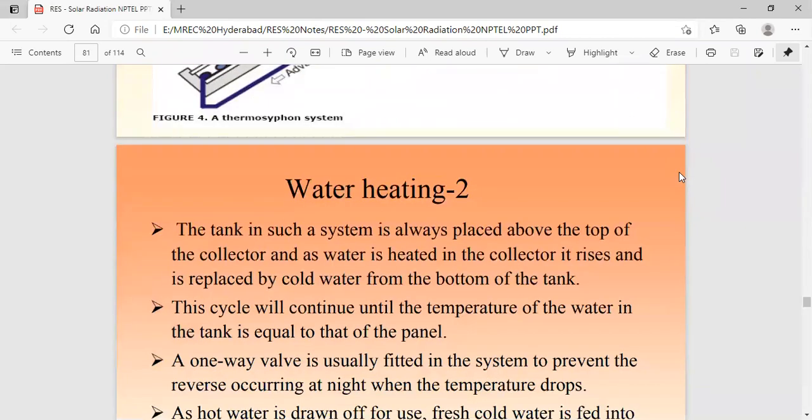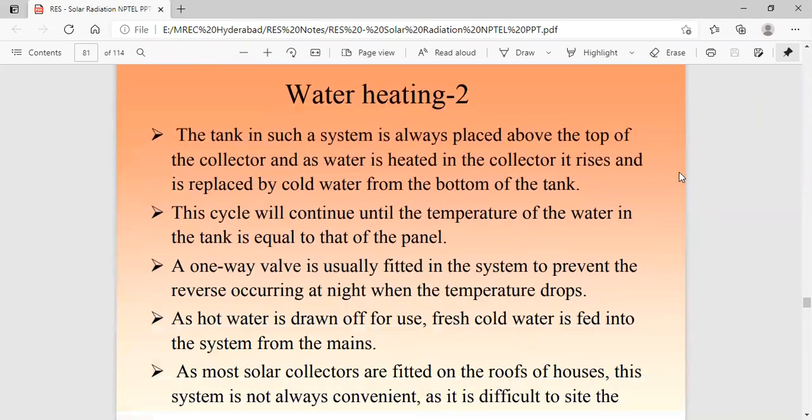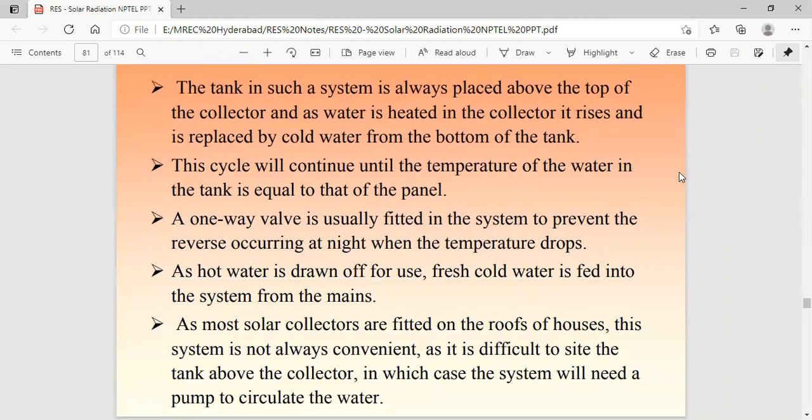In such a system, the tank is always placed above the top of the collector, and as water is heated in the collector, it rises and is replaced by cold water from the bottom of the tank. This cycle will continue until the temperature of the water in the tank is equal to that of the panel. A one-way valve is usually fitted in the system to prevent the reverse occurring at night when the temperature drops. As hot water is drawn off for use, fresh cold water is fed into the system from the mains.